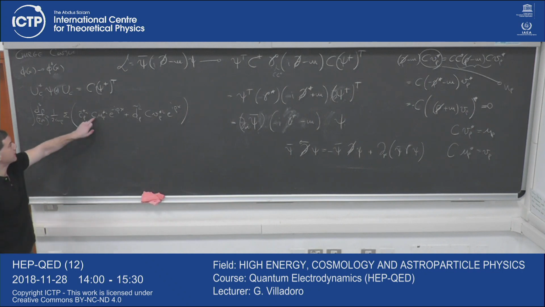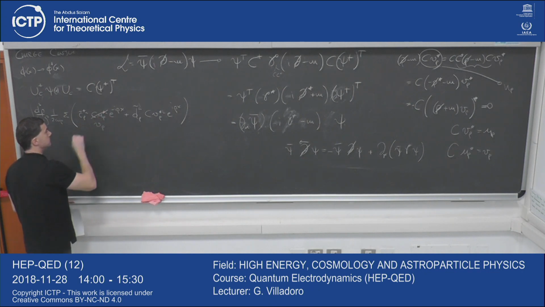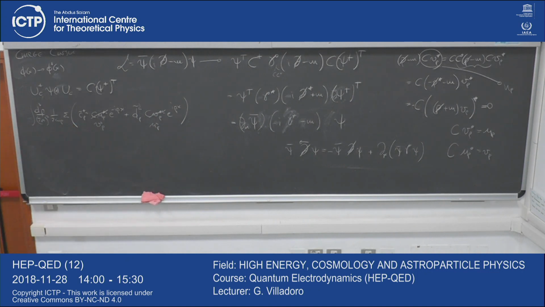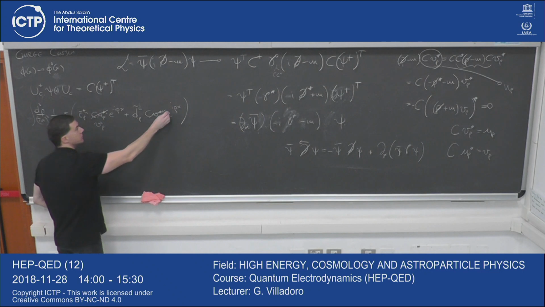And now you use the fact that C U star is equal to V, and C V star is equal to U. And we match with U psi U. I made a mistake because there was still a star acting also on the coefficient.